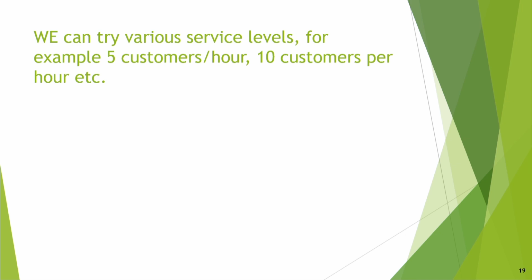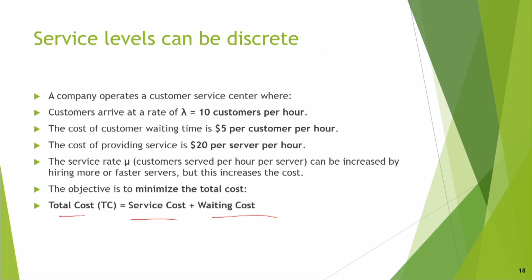For example, in a discrete way, 5 customers per hour, then what is the situation? We can put 10 customers per hour, then what is the situation? Like that we can find out whichever combination gives the minimum total cost. This way these problems can be solved.